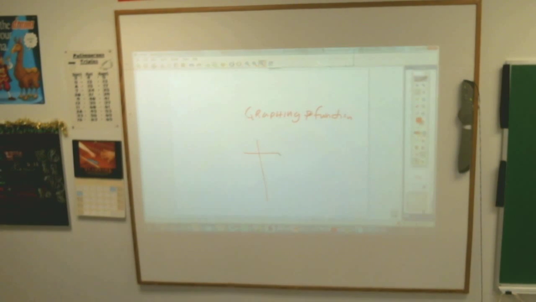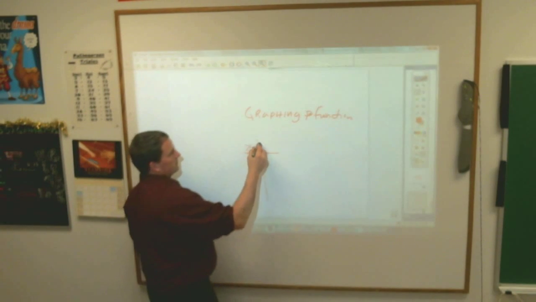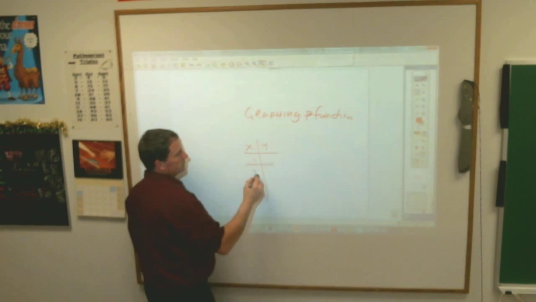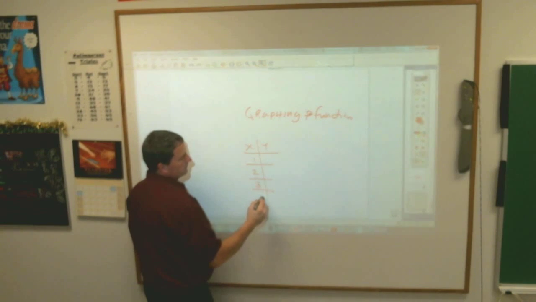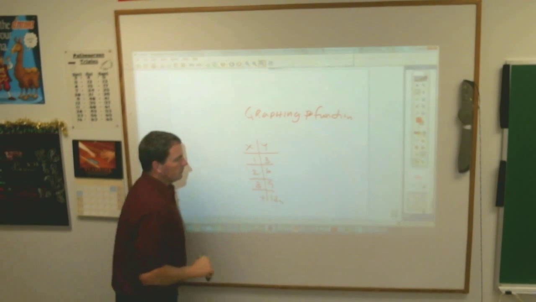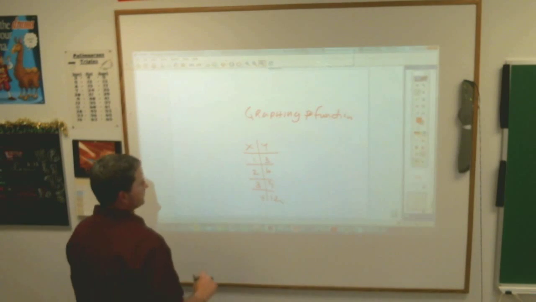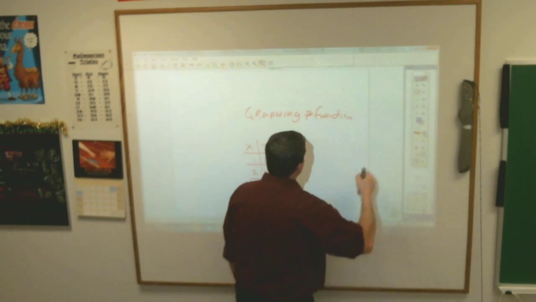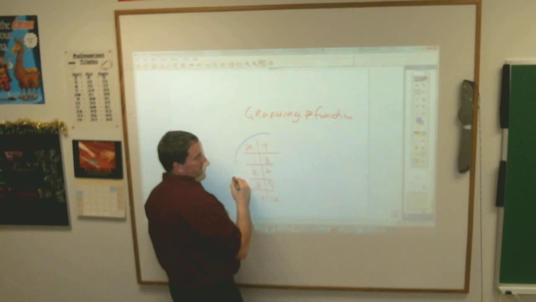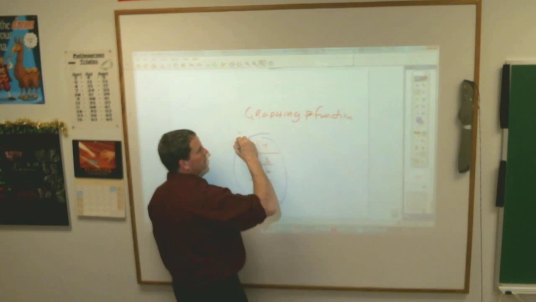X, Y: 1, 2, 3, 4 and 3, 6, 9, 12. Have we graphed lines? Yes, no? We did last year? If you were asked to graph this, how do we go about doing that? I don't remember if you guys have done this or not.